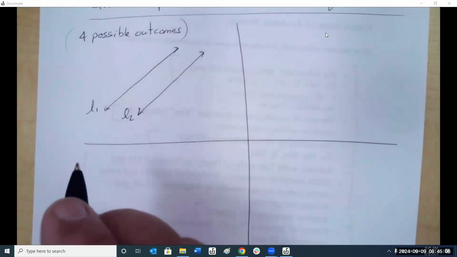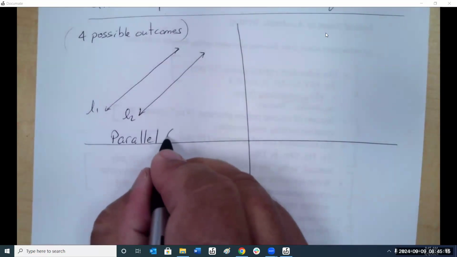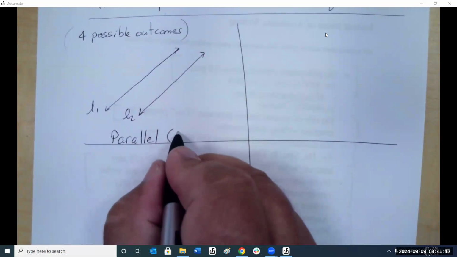What are these called? Parallel lines. The symbol we use, instead of writing out parallel, you can just put that little symbol there, 2 little marks. If you did it up and down, like 2 L's.